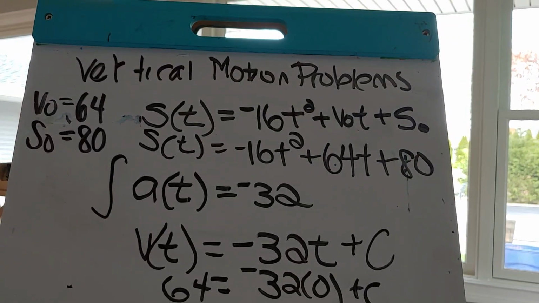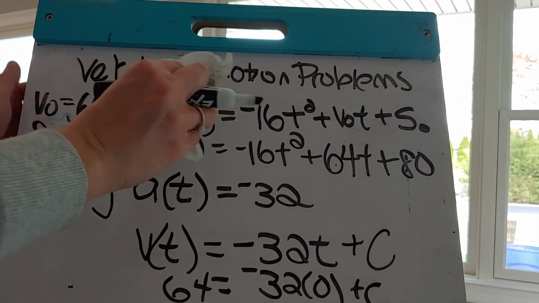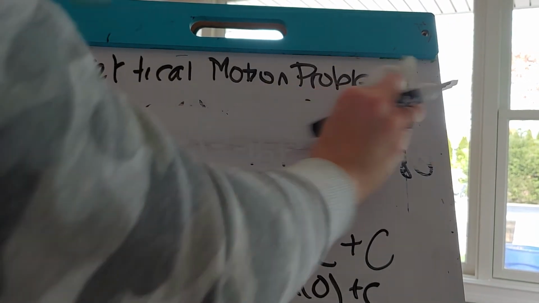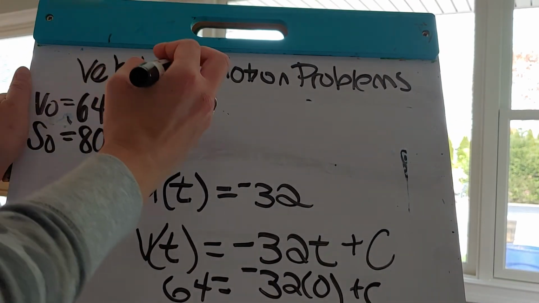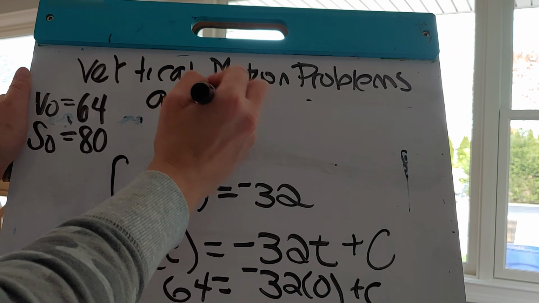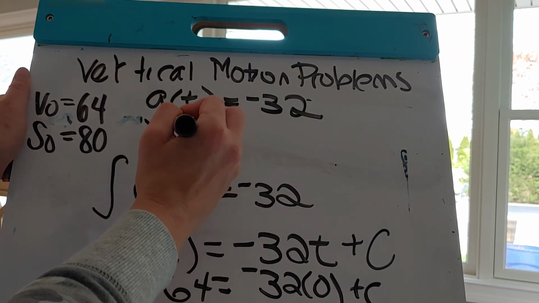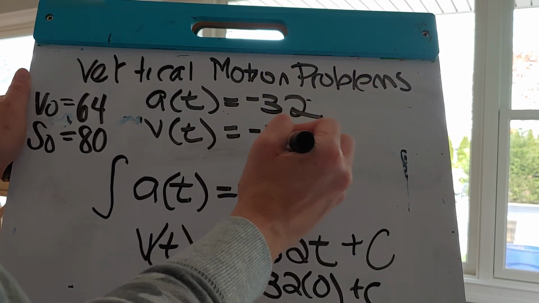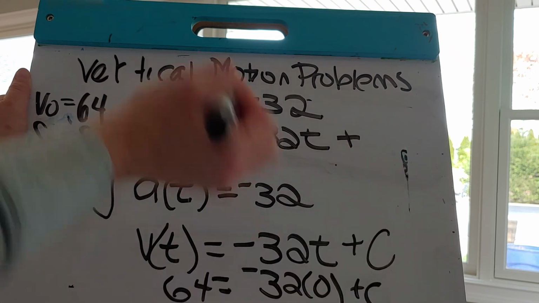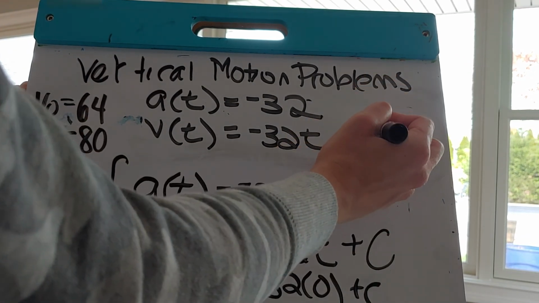All right, so let's move that up. I have my acceleration, which is negative 32. I have my velocity function, which is negative 32t plus c. When I solve for c over here, I got 64.